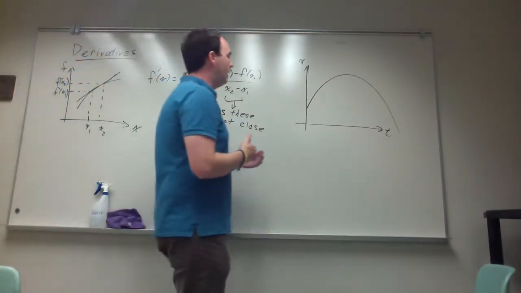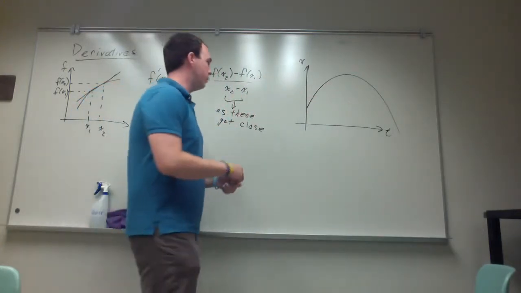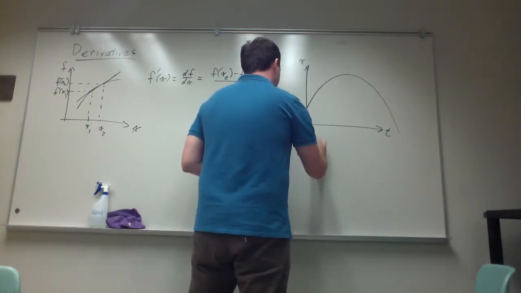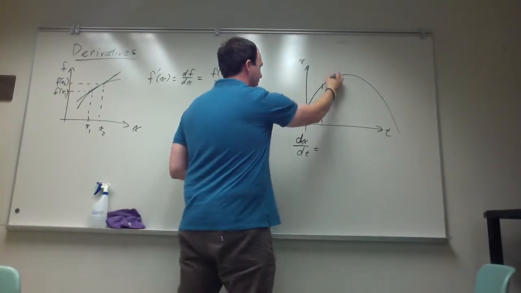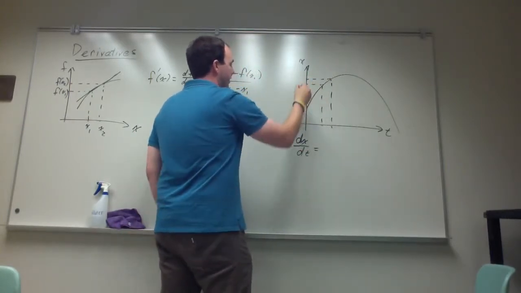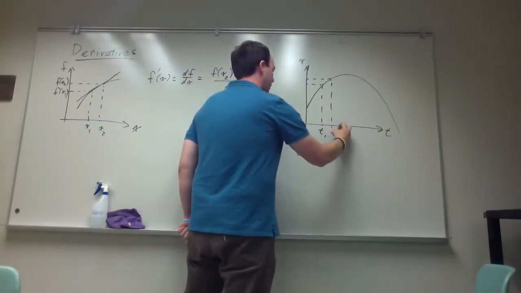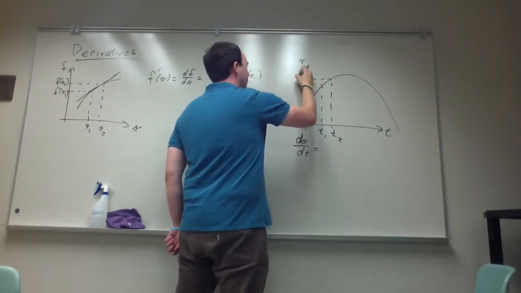So in this case, if you say what's the derivative then, so dx dt, if I do a similar thing here, so I can write this a little more simply. I could say time 1, time 2, and it's x1, x2.